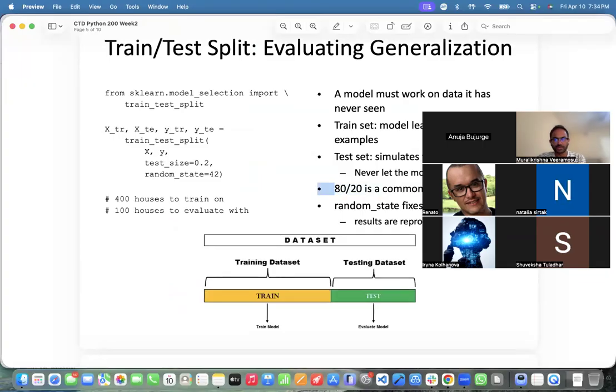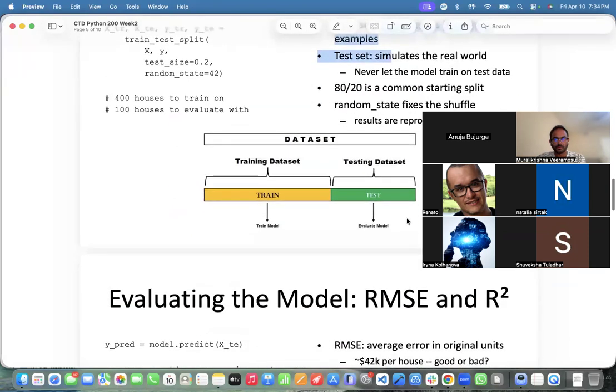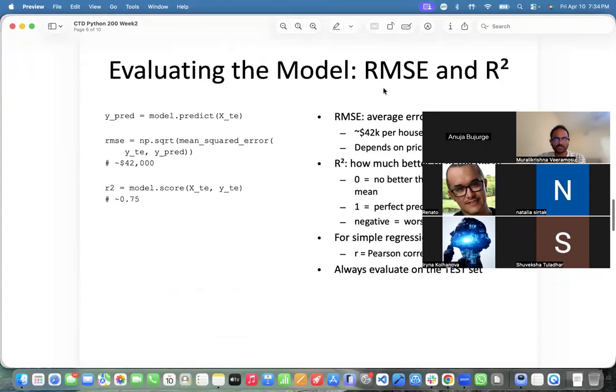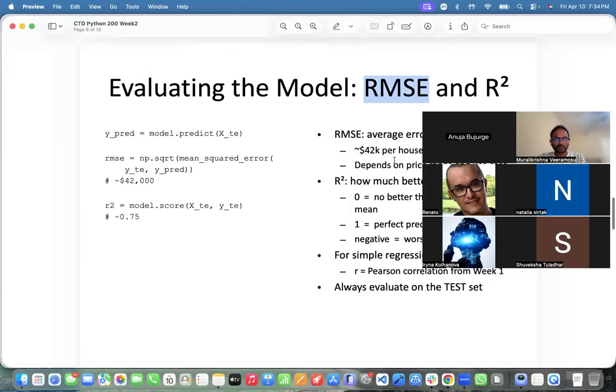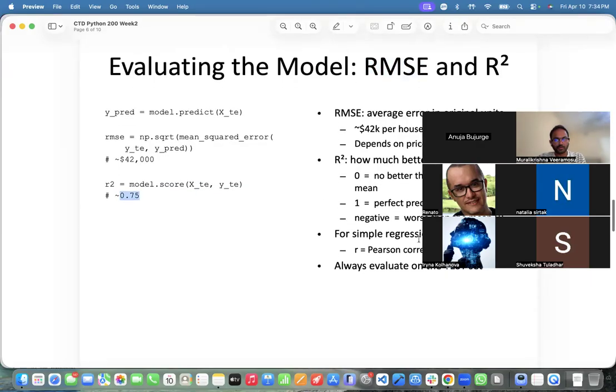So 80-20 is the split I mentioned. And yeah, we discussed root mean squared error. With one feature, meaning only square feet as X and the price as Y, the R2 is 0.75, right?